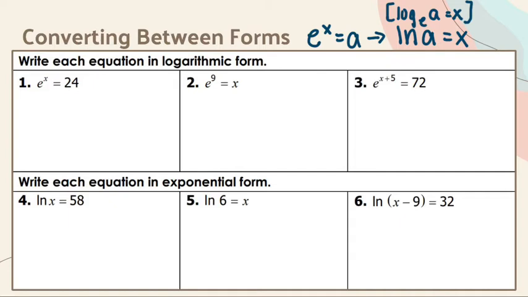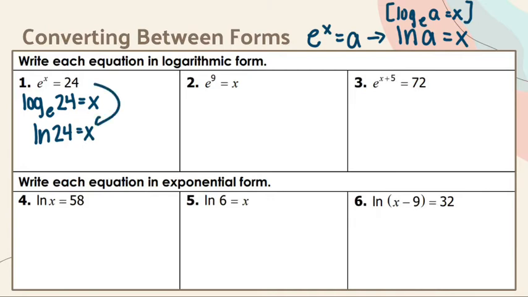When we convert from exponential to logarithmic, our base stays the same, so log base e. Then your exponent and your answer, you switch the order of those two. So log base e of 24 equals x, but log base e is really just natural log.